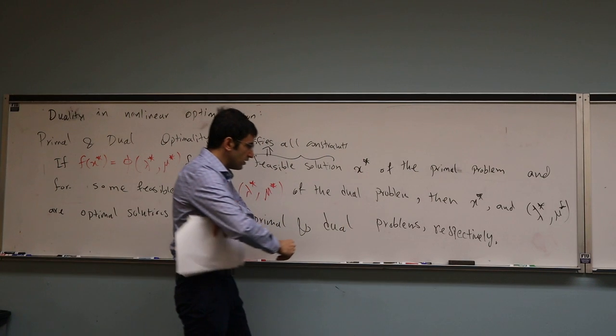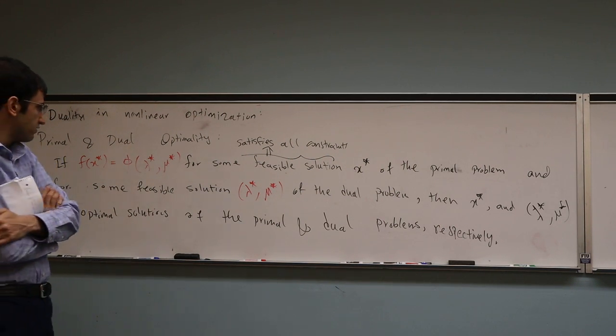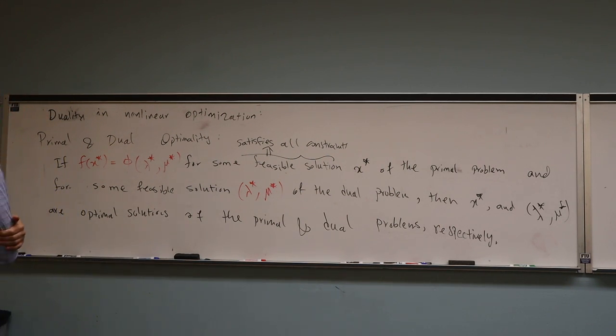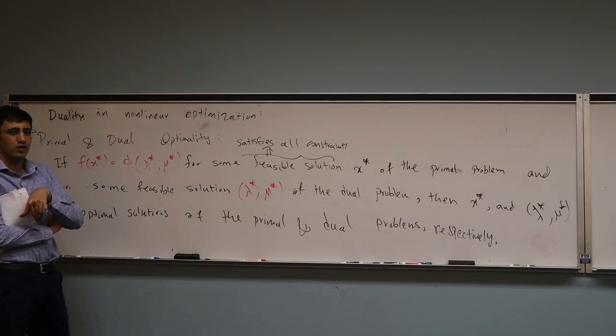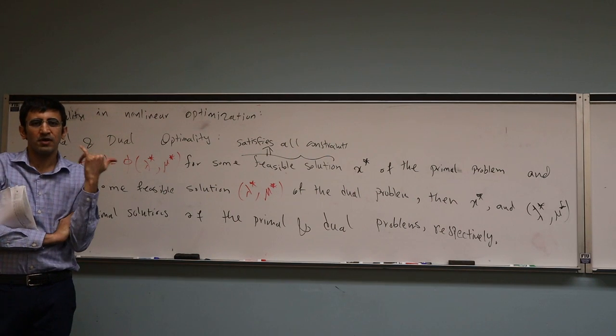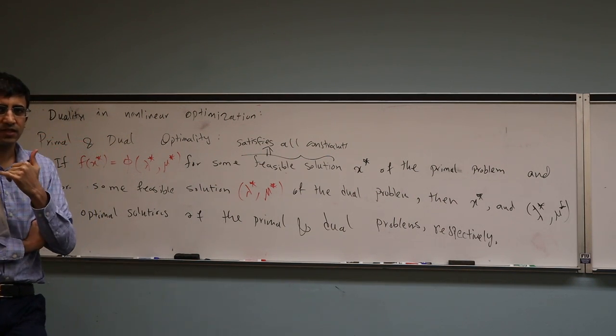Let's think deeply about this. This is a very strong condition when it comes to nonlinear programming. In linear optimization, it was quite easy to guarantee that it always happens, because when you find the dual of the dual problem, you come back to your original problem. But in nonlinear programming, that's not the case.